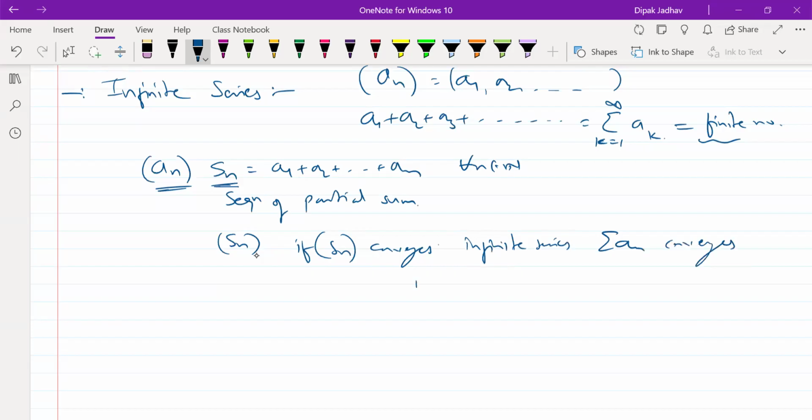And moreover, what is the sum? The sum is the limit of Sn.